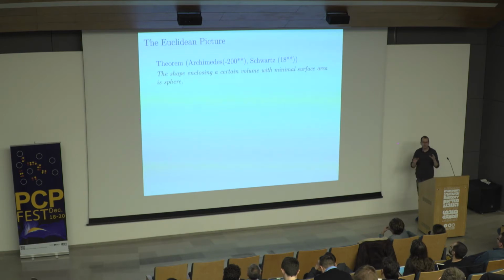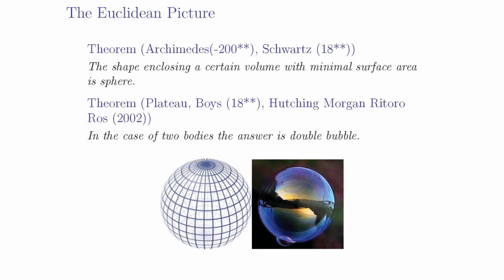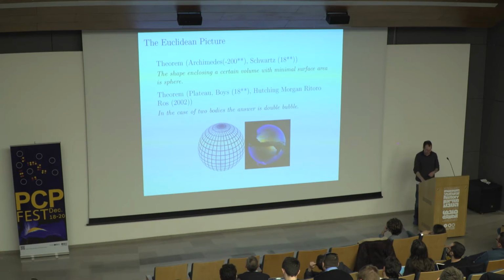And just to give you a little bit more geometric intuition before I tell you what we know. The result about partition into 2 parts is related to the classical isoperimetric result, that the shape enclosing a certain volume with minimal surface area is the sphere. And the partition into 3 parts in Gaussian space is related to the double bubble conjecture, or double bubble theorem, that in the case of 2 bodies, what you get is a double bubble.